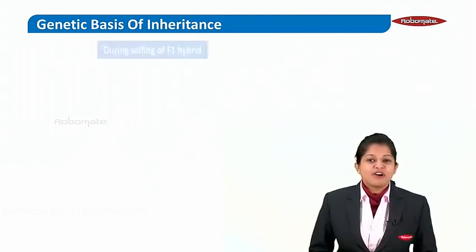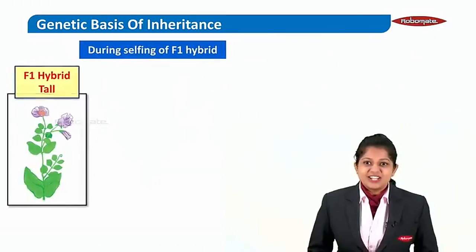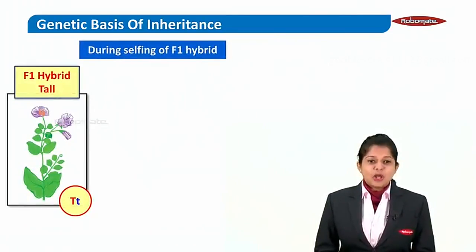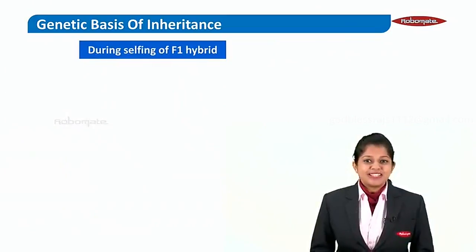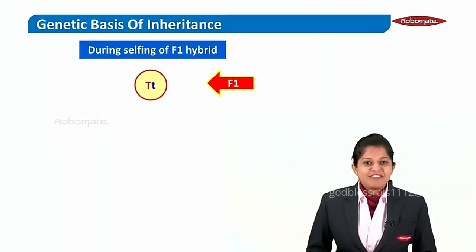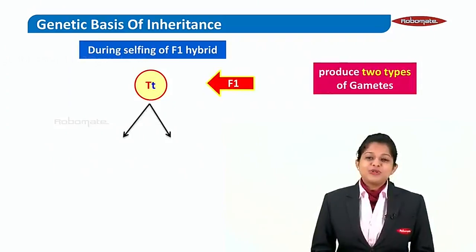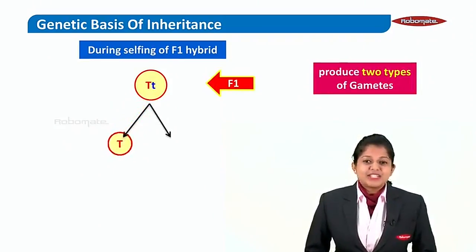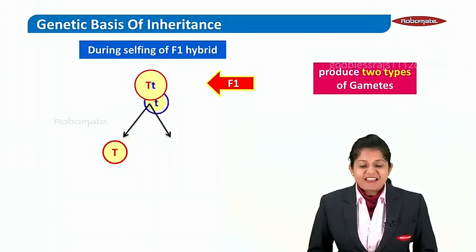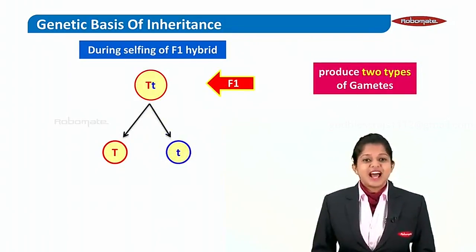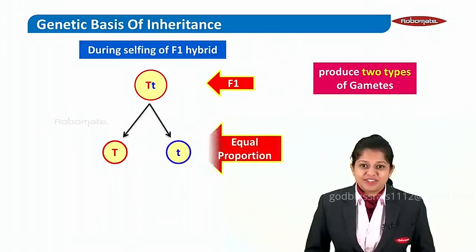During the selfing of the F1 generation, the F1 hybrid tall, that is, the hybrid having capital T and small t, gave rise to further two types of gametes. The two types of gametes were one having a dominant trait and the other having a recessive trait.